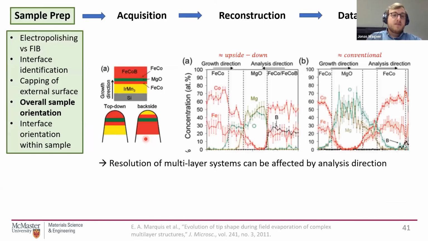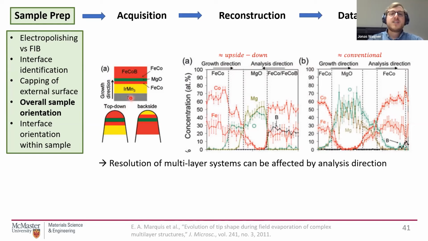Some other aspects to keep in mind when doing the sample prep. Here, the overall sample orientation. If you have a multi-layered structure, you can consider either running it what I would call the conventional way. If you see the sample like that in the FIB, you would just mill out your tip as it is, in a top-down kind of approach.